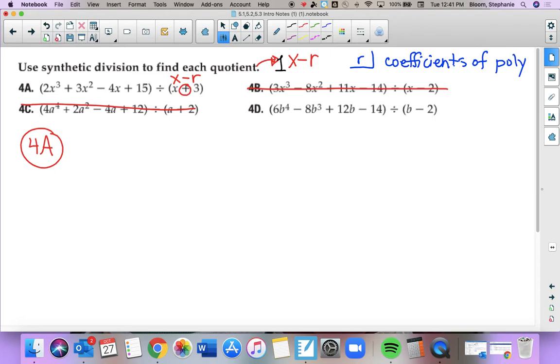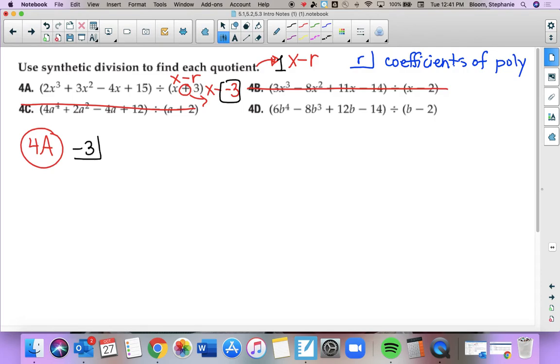It had to be plus and negative, right? So if I were going to rewrite this, this would look like x minus negative 3. So my r, does everybody see that, is really negative 3. Are you with me on what we're doing here? Okay, so in my little box, I'm going to put negative 3.